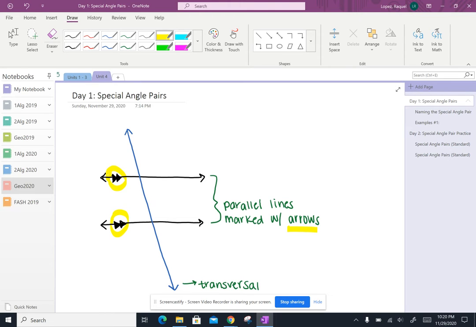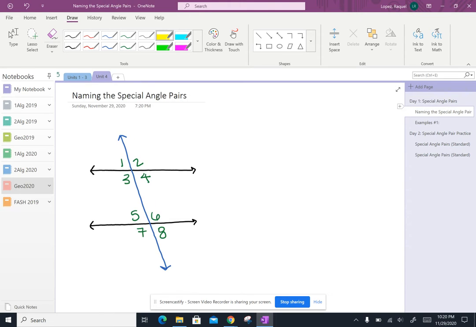Okay, so let's go ahead and I want you to draw another diagram in your notes that looks like this. Again, we've got two lines and we're going to make sure that we know that those are parallel. So I'm going to draw two arrows in red and then that transversal in blue. Now, there's a couple things that I want us to make a note of. There are special angle pairs that have the word exterior and special angle pairs that have the word interior.